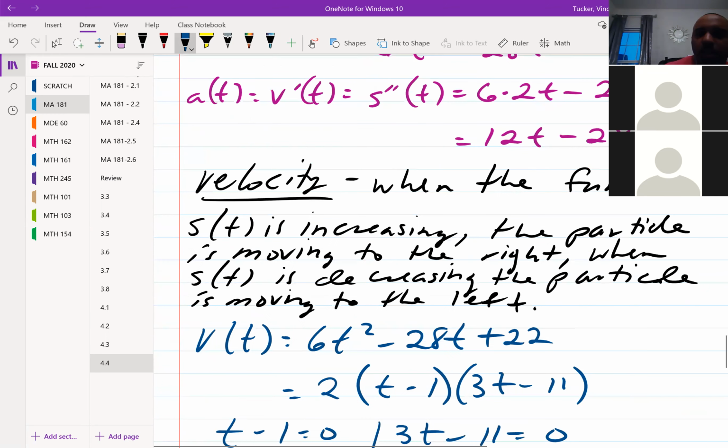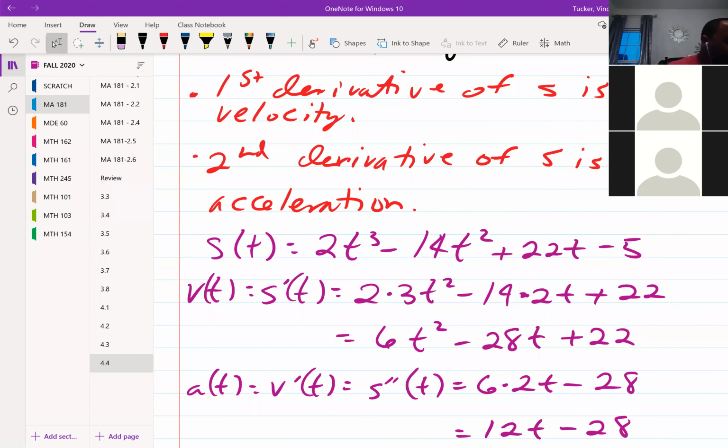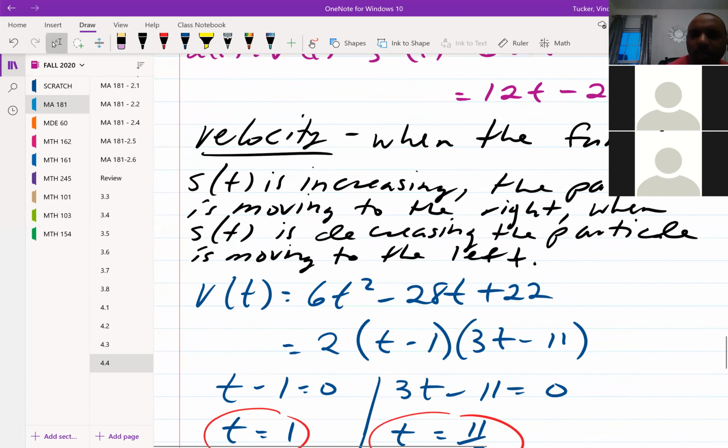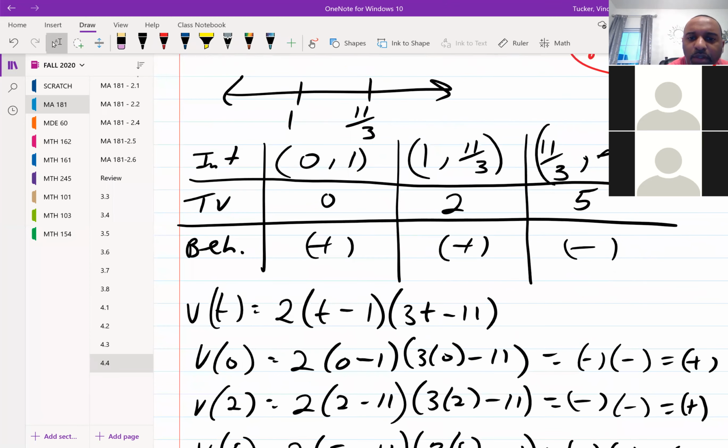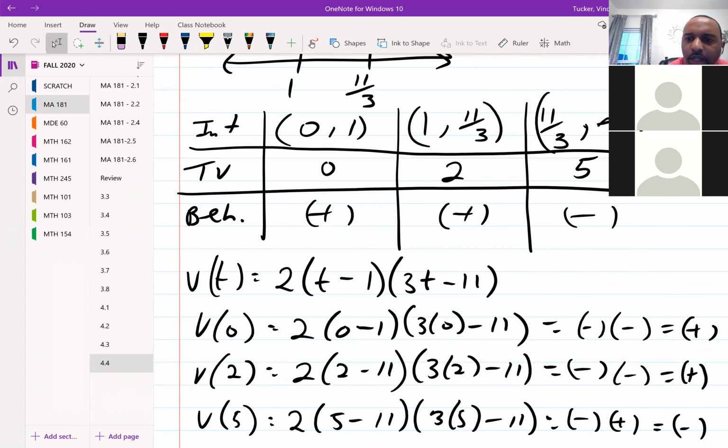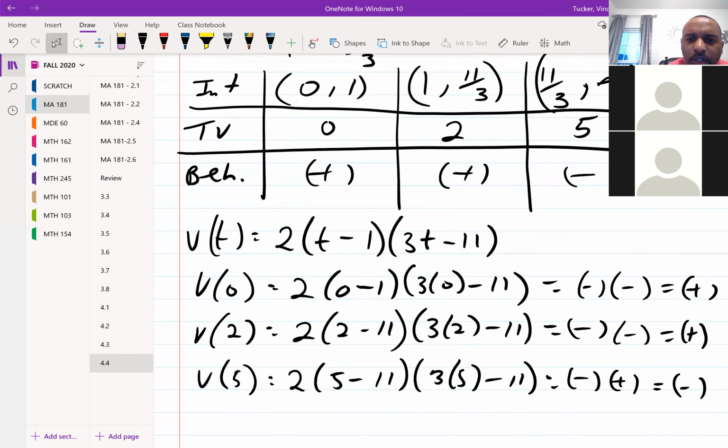So if I go put it in here, behavior of V. T minus 1, 3t minus 11. So t minus 1, when I plug in 0, I get a negative value. 3 times 0 is not 11. Plug in 2, that's negative 11. 3 times 2, that's negative 5.